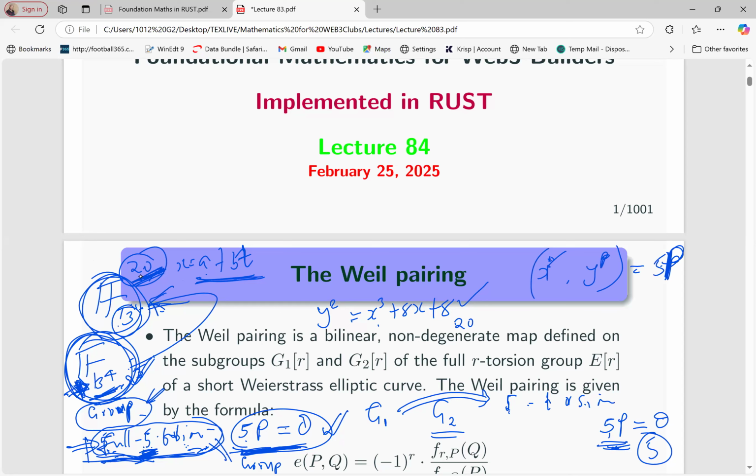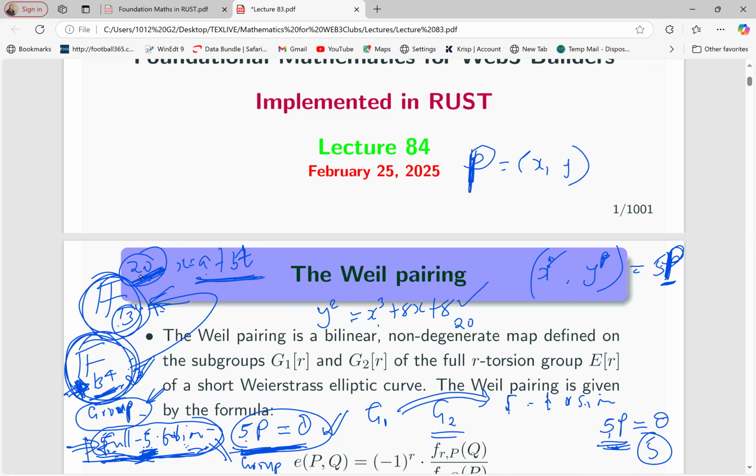The mod is 13 in our case. But this other P here is the point. So supposing the point P is xy.